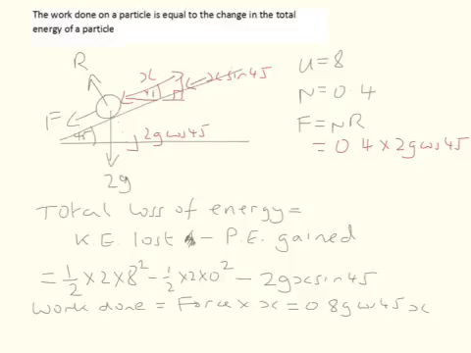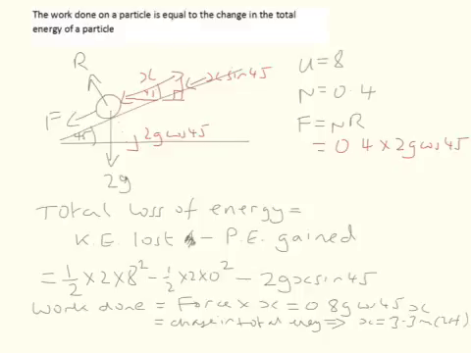Now, we know that the work done is equal to the change in the total energy. So this number here must equal this here. So if I can squeeze this in, work done equals change in total energy, which means that equals this, and then from that solve that equation, and x works out to be 3.3 meters to 2 sig figs.